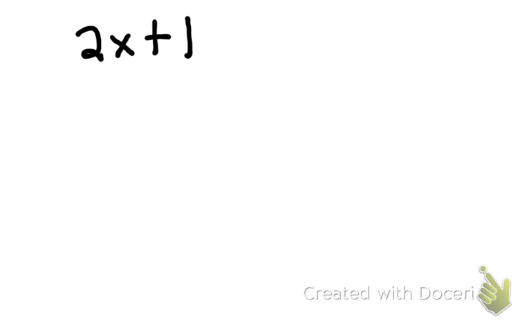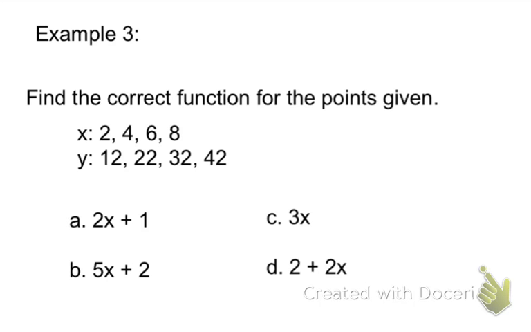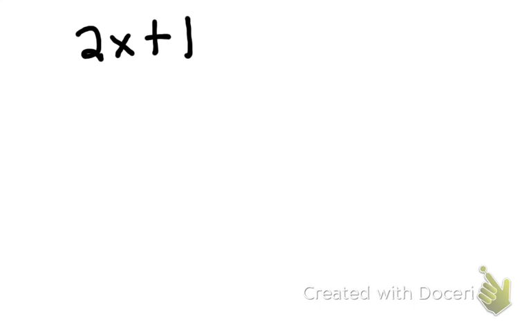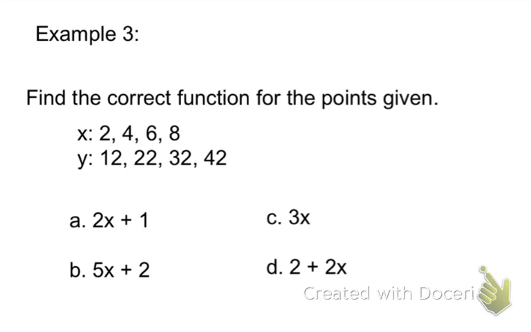So we're just going to plug in the numbers: 2, 4, 6, 8. Let's plug in 2 for x. So 2 times 2 plus 1, and it has to equal 12.